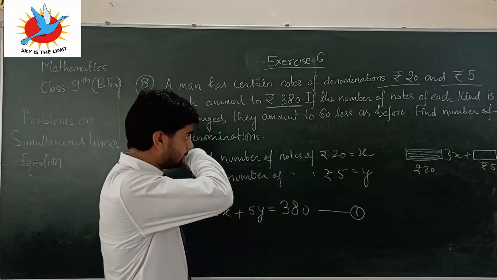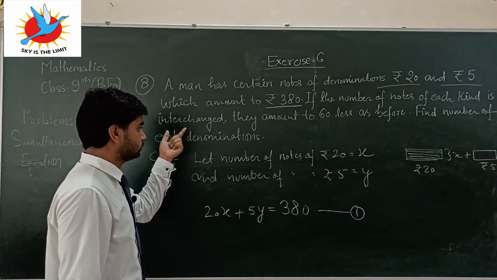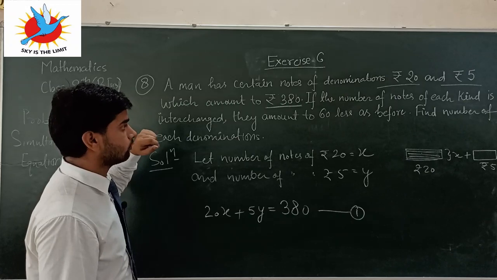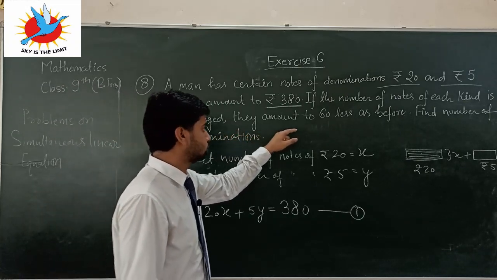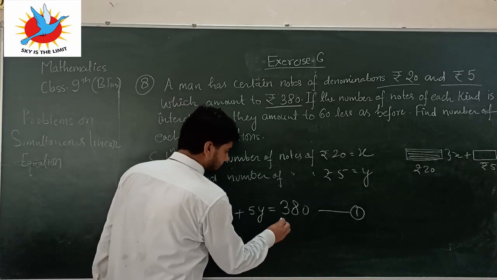Now we solve condition 2: if the number of notes of each kind is interchanged, the amount is 60 less than before. Before, the amount was 380.